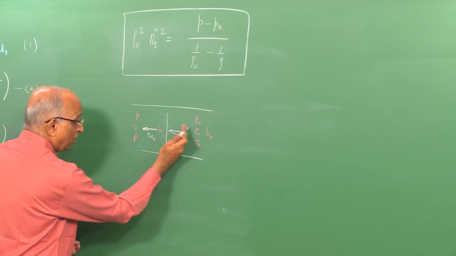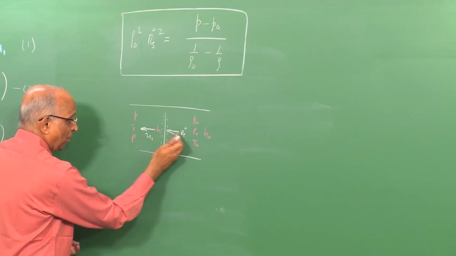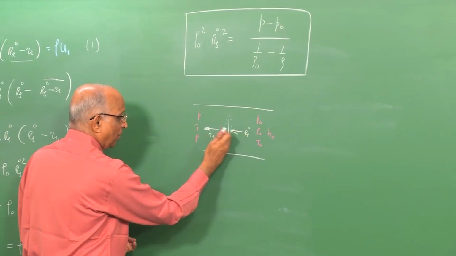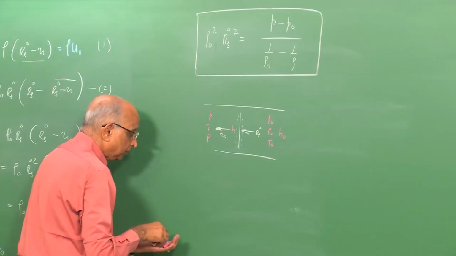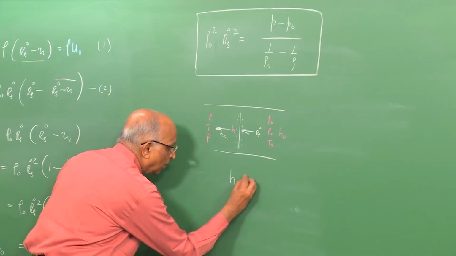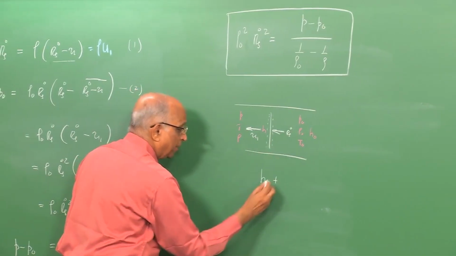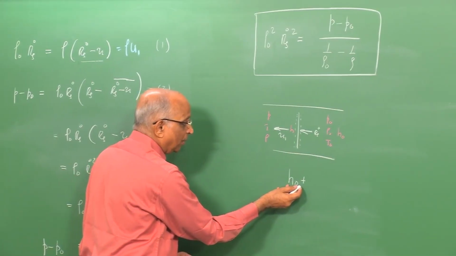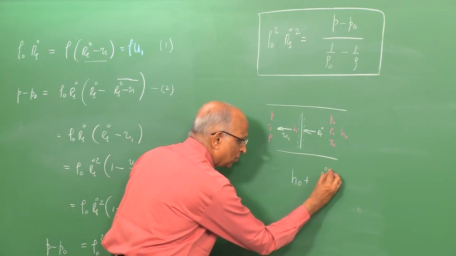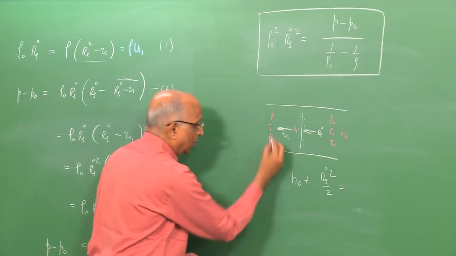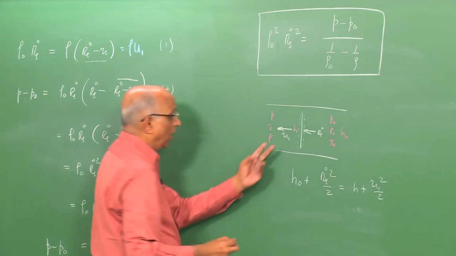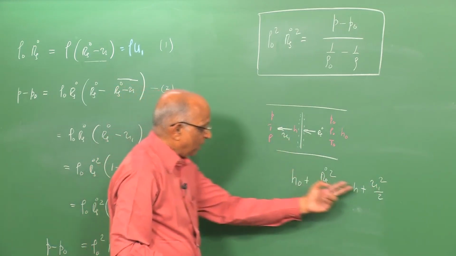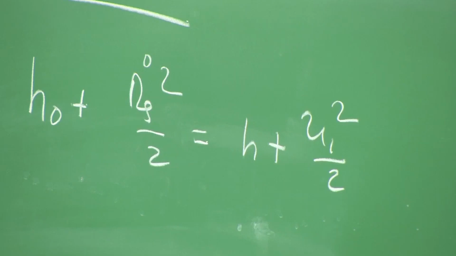It is a steady shock moving at constant velocity, so when the shock is stationary, gas is coming at constant velocity and leaving at constant velocity u1. The equation for this control volume is h 0 plus the kinetic energy per unit mass, r s dot square divided by 2, is equal to h plus u1 square divided by 2, where u1 is equal to r s dot minus u. This is the energy equation.